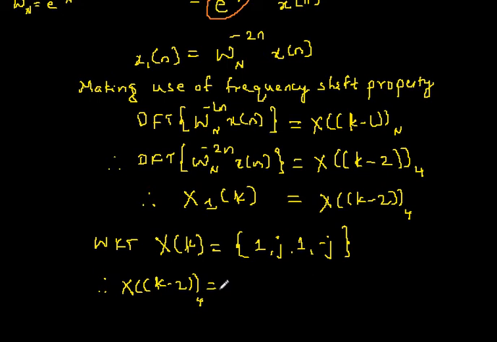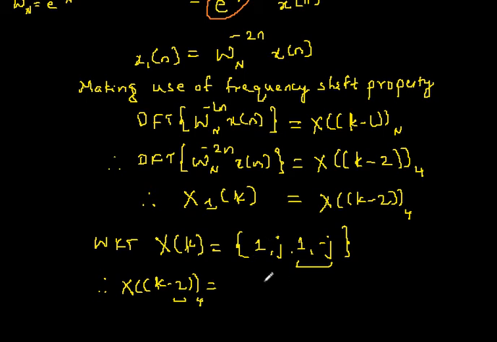How do I shift that? Again, use the normal method. What is the shifting factor? It is 2. So what I have to do now? I'll consider the last two samples and move them to the beginning, so that I'll get X of k minus 2. Suppose if it were X of k plus 2, in that case I would consider the first two samples and move them towards the end.